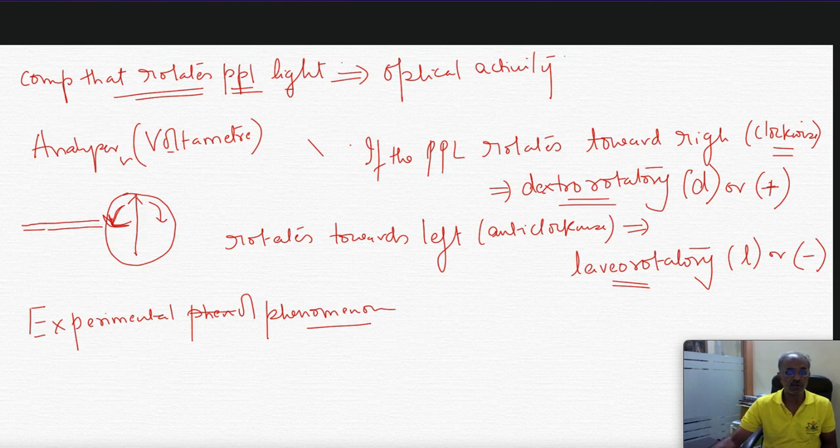Now, for example, I will take one example. Take for example, this is CH3, this is H, this is Cl, and this is CH2CH3, that means ethyl.